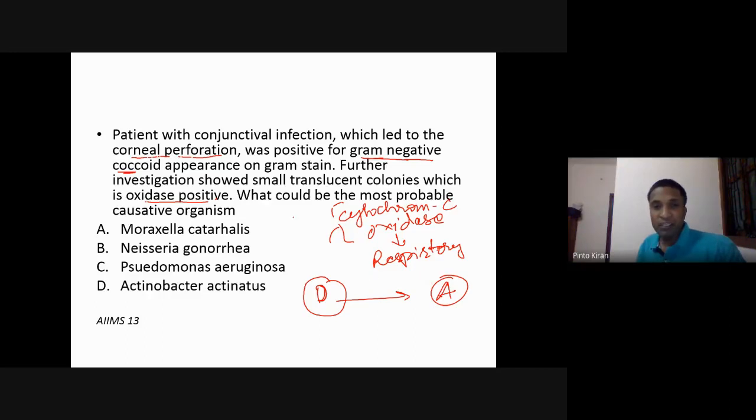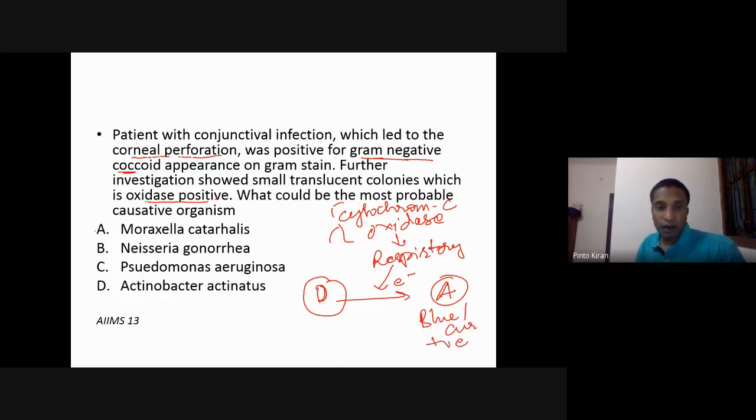This is the principle in an oxidase test. The donor can be any kind of dye. When you add a dye into the culture, that will convert the media into a blue or purple color. Then it's oxidase positive.